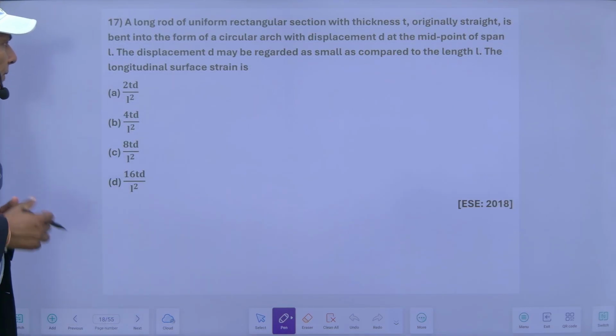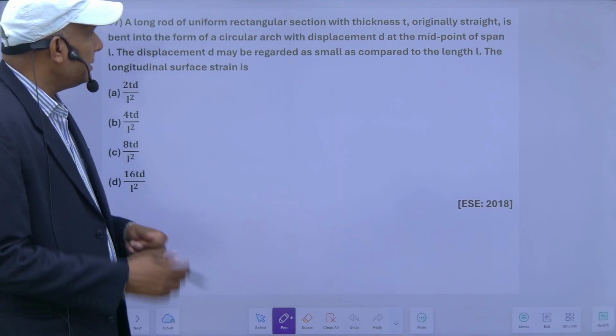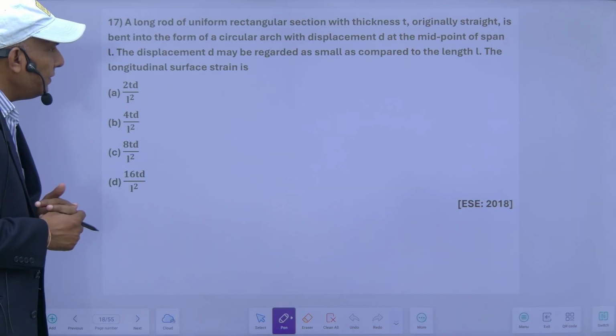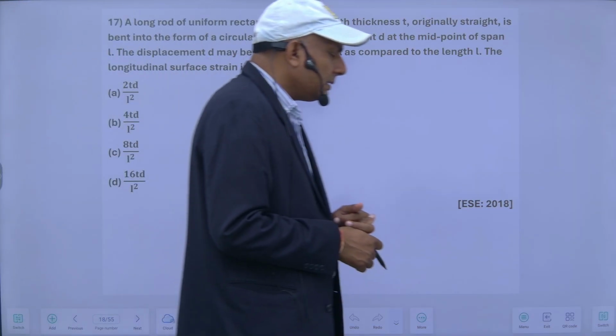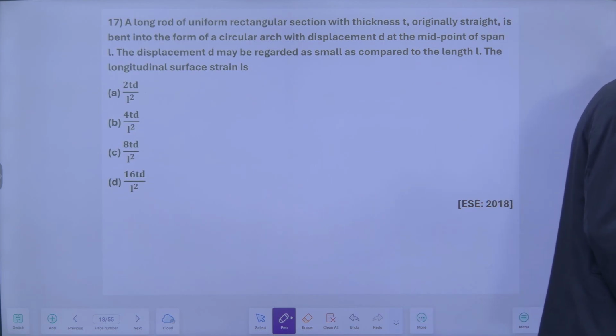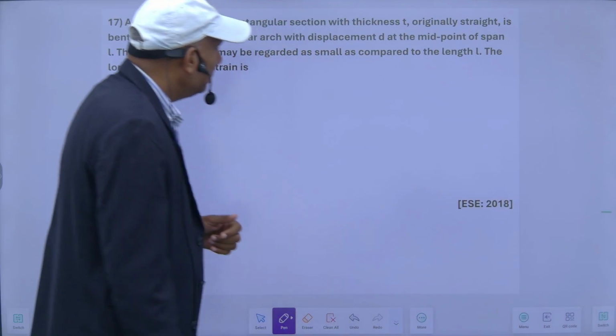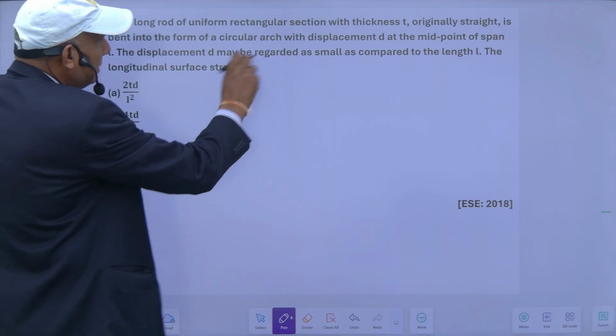Second is, a long rod of uniform rectangular section with thickness T, originally straight, is bent into the form of a circular arc with displacement D. It will be like this.